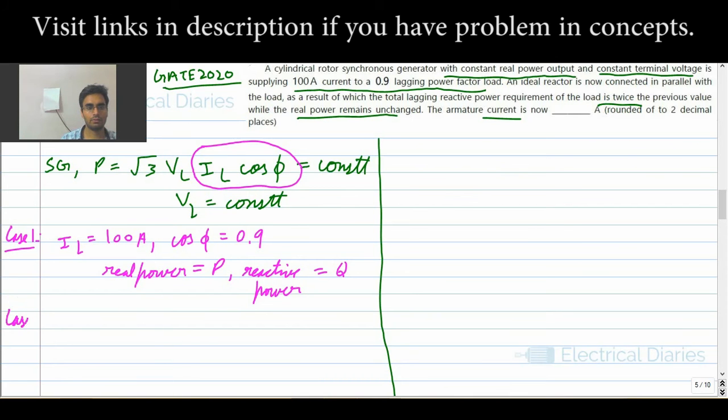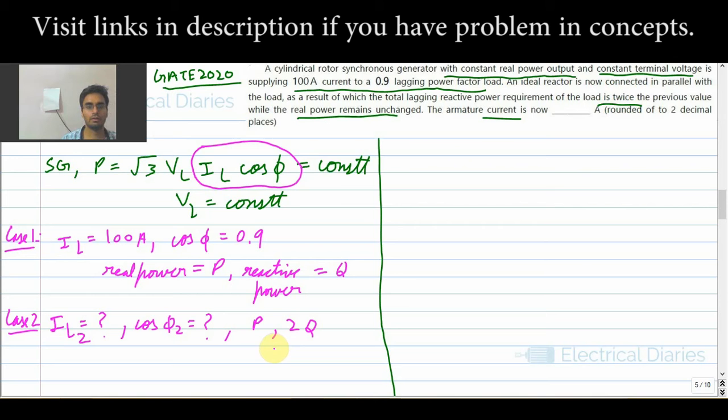In case 2, I have to find this armature current and the power factor also. Let me mark them IL2, and here the real power is the same P, but the reactive power is changed to 2Q. So this is the question given to me.